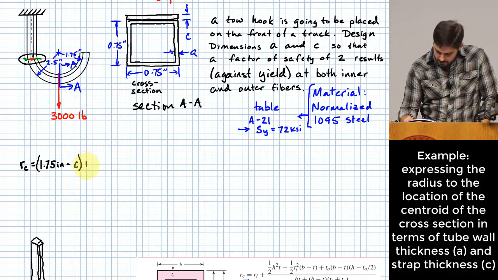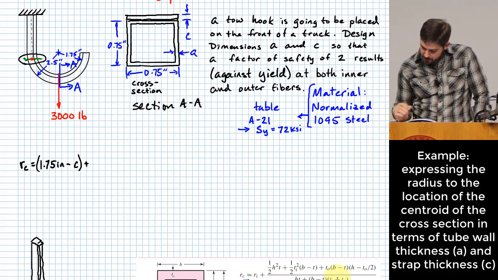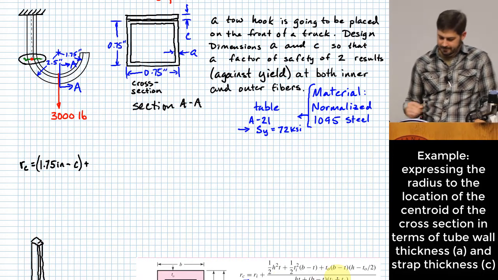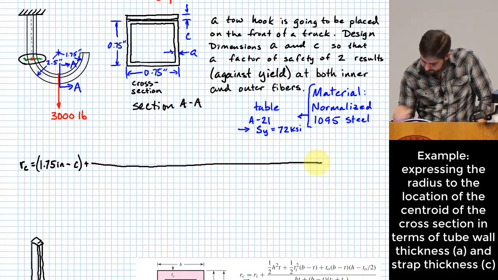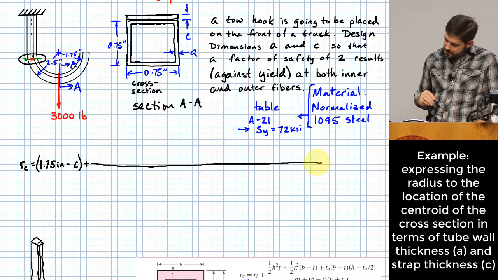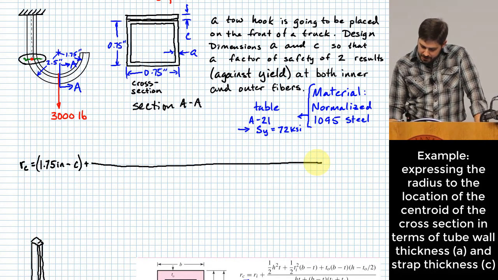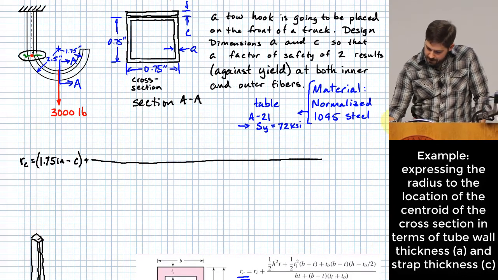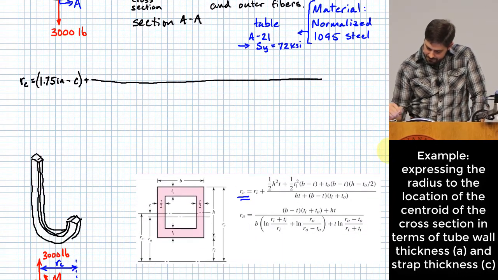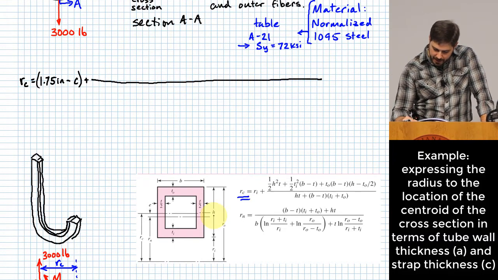To this, I'm going to add this big old fraction. The first term in that fraction is 1/2 h squared t. So let's look at what h is. Okay, h is right here.